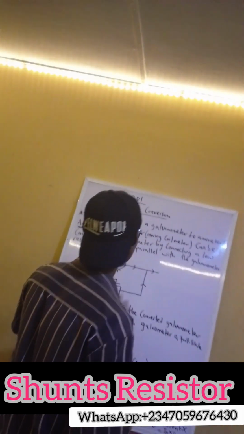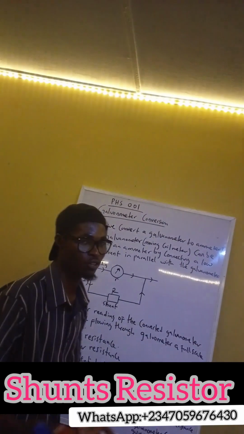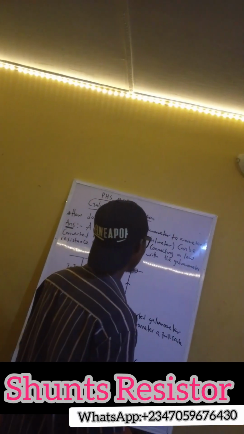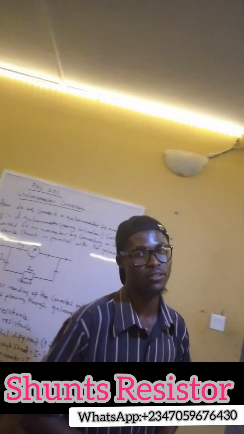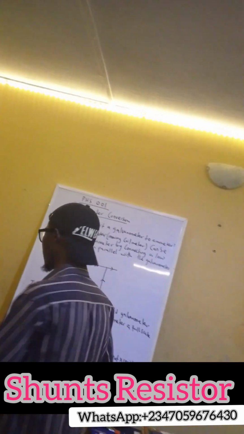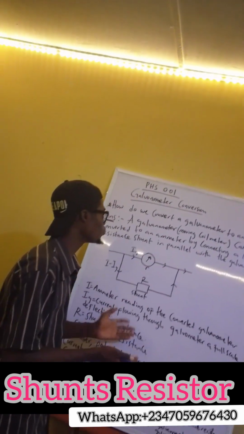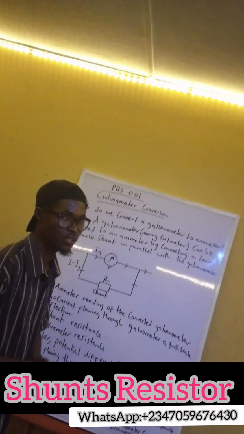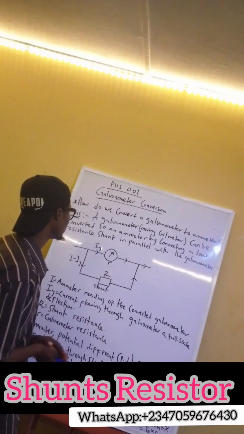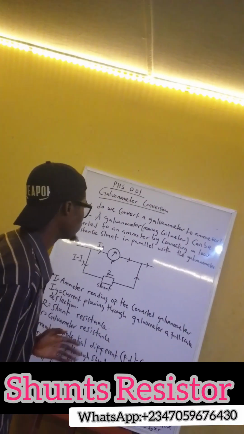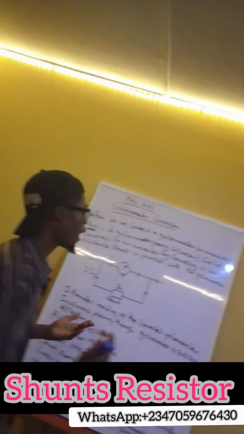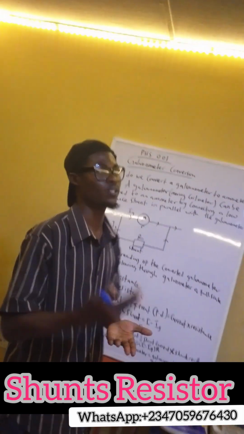Alright, so today we shall be looking at galvanometer conversion on PHS 001 for JAMB. Students, you are free to learn from it, but particularly for JAMB. You know what a galvanometer is, we've discussed that earlier. The main part is how we convert a galvanometer to an ammeter.